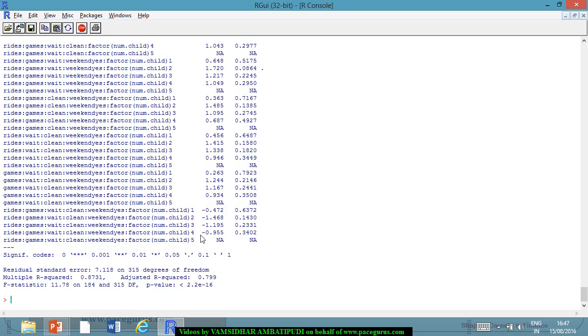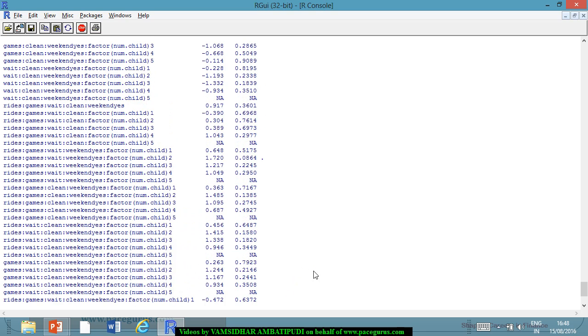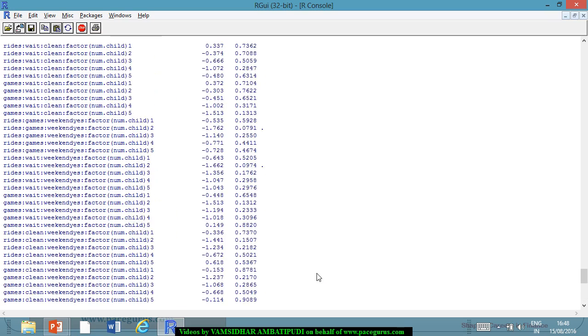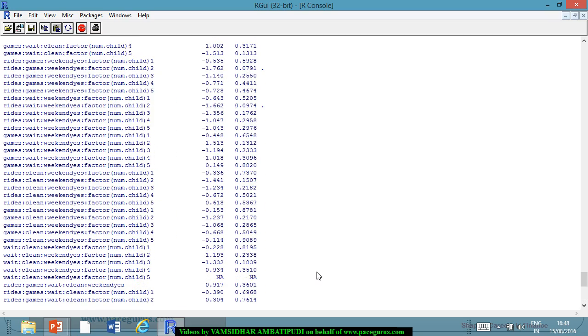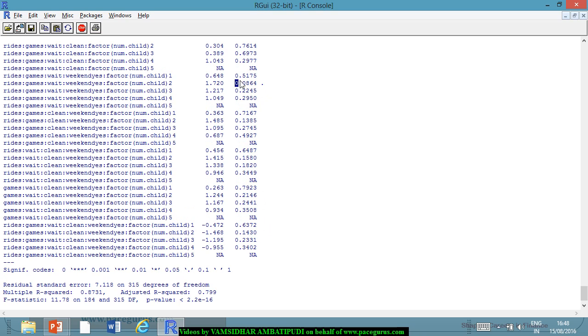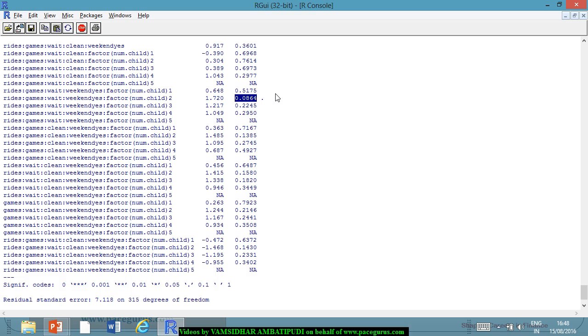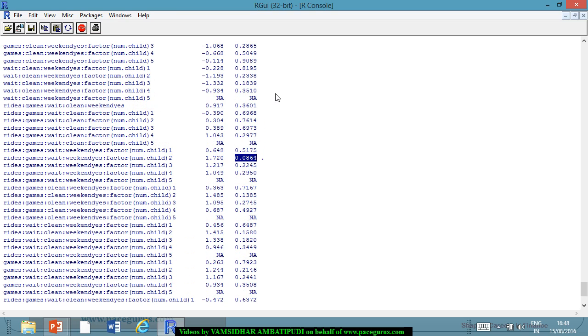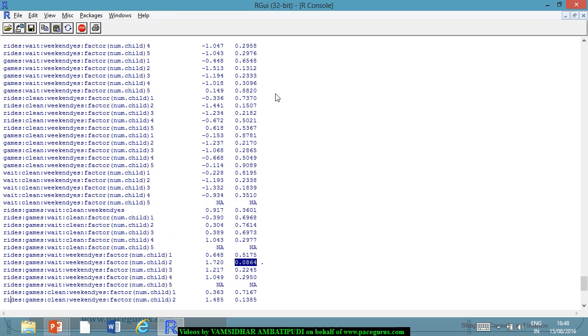But now look at the significance levels. The R squared might have gone to 87. Adjusted R squared is 79.9. But look at the significance levels here. Which of the ones are less than 0.05? It looks like this one, 0.08. This is not less than 0.05, but it is less than 0.1.